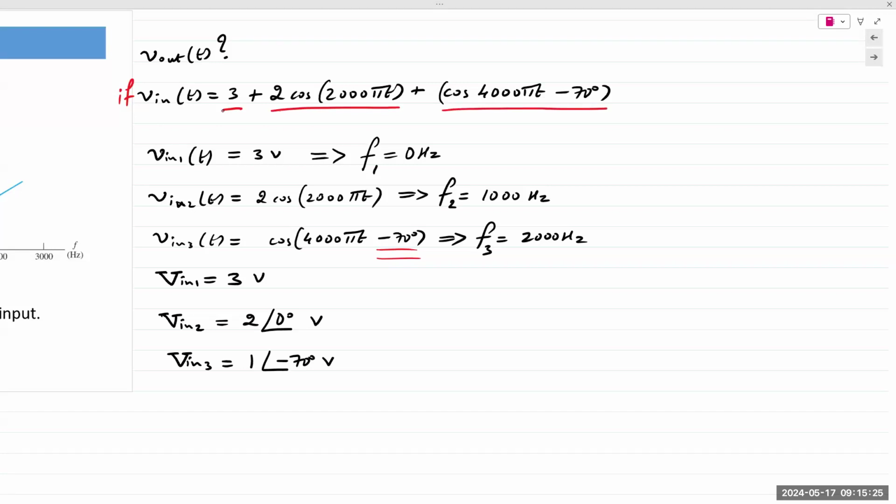And the reason they are stated as separate with just a summation is simply because the frequencies are different. Remember chapter 5, I said in order to combine two or more signals or waveforms together, the frequencies must be the same. If the frequencies are not the same, you cannot add or subtract those waveforms.